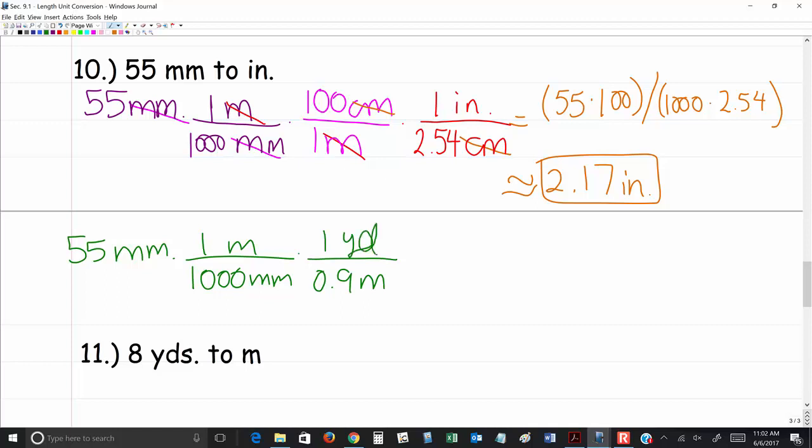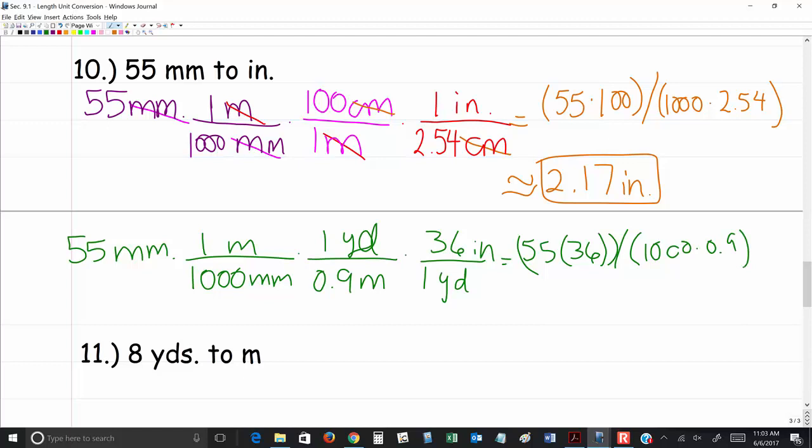Because it's supposed to be 0.9 meters is equal to 1 yard. That's a really good point to bring up, though, because you could totally do that. Let's just see what that would give you. That'd be 36 inches. So you would do 55 times 36 divided by 1,000 times 0.9.